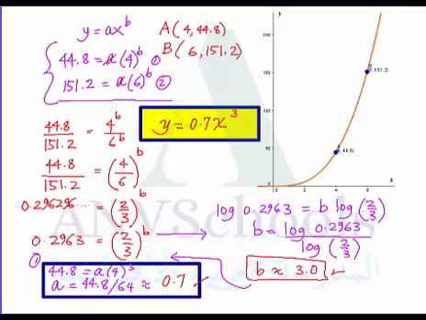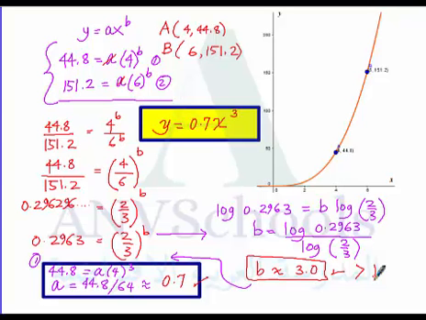So similar to the exponential function. And also take note that our b is equal to 3, which is actually greater than 1. And if it's greater than 1, we have a concave upward graph. Am I correct? And if you substitute y is equal to 0, then x is equal to 0. And it contains the origin at its best.